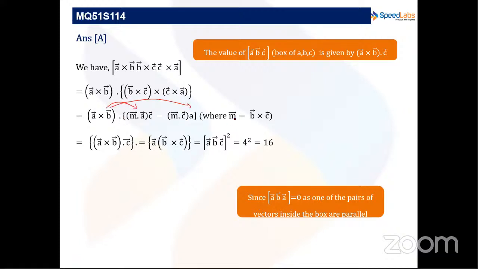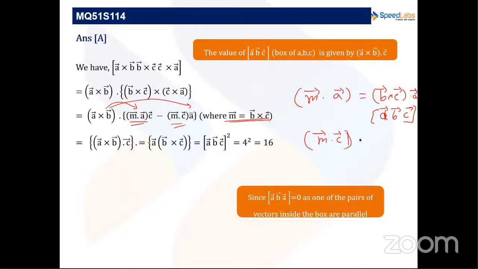With this, m we already have equal to b cross c. So this m dot a will be b cross c dot a. So that will also be a scalar triple product ABC. But in this place, when we have m dot c, this will be B cross C dot C, and this value will be 0, because in a scalar triple product, if we have two vectors which are the same, then its scalar triple product is 0.